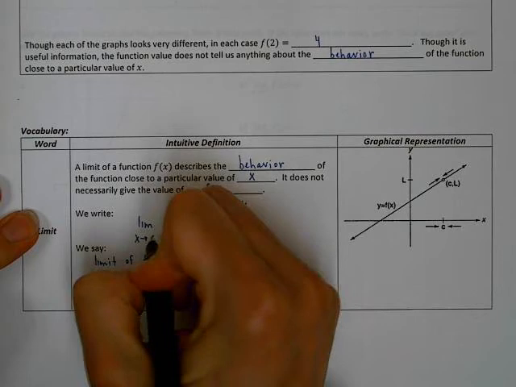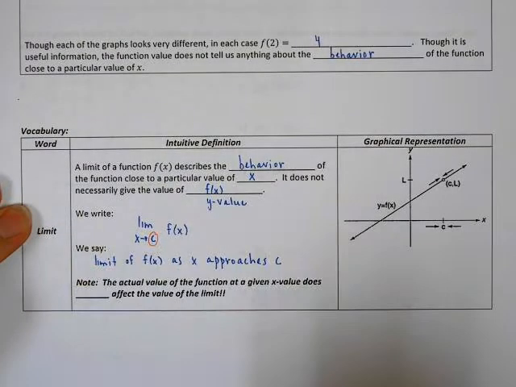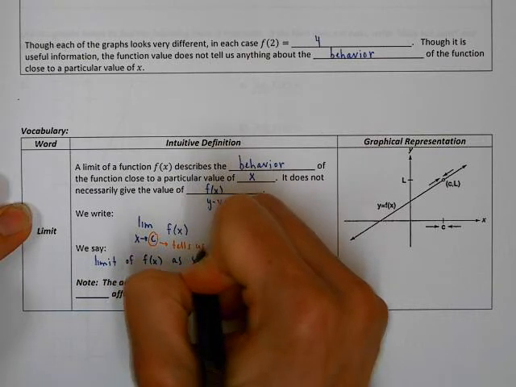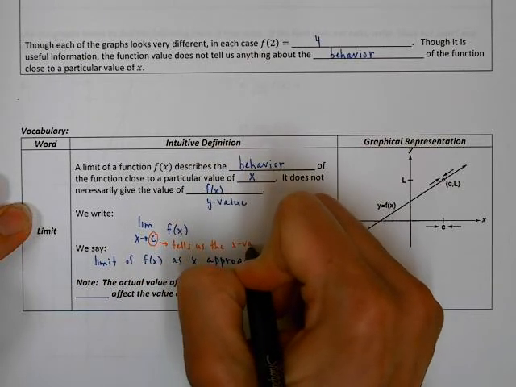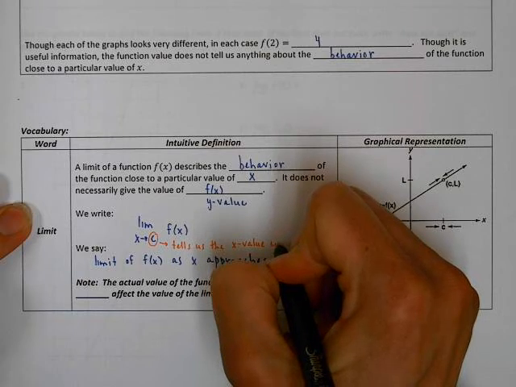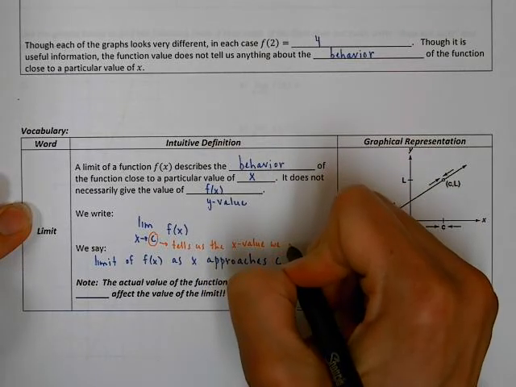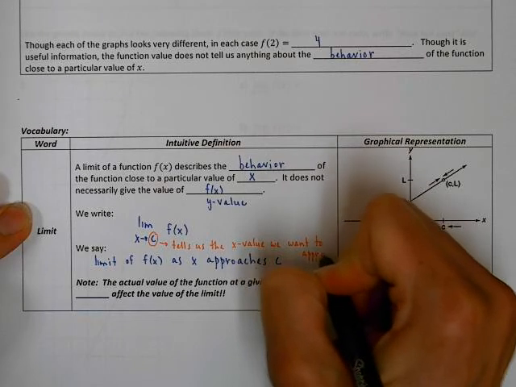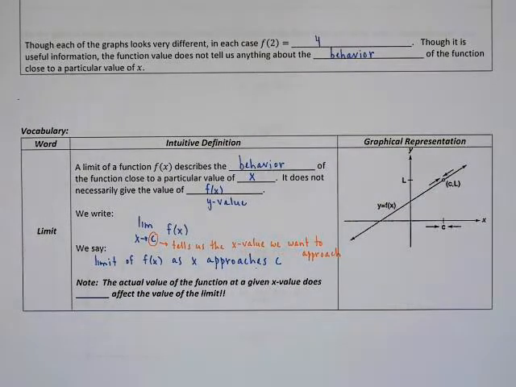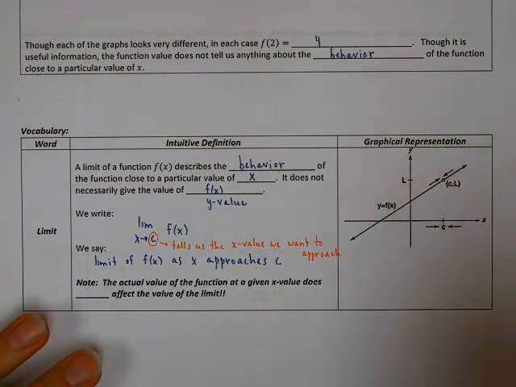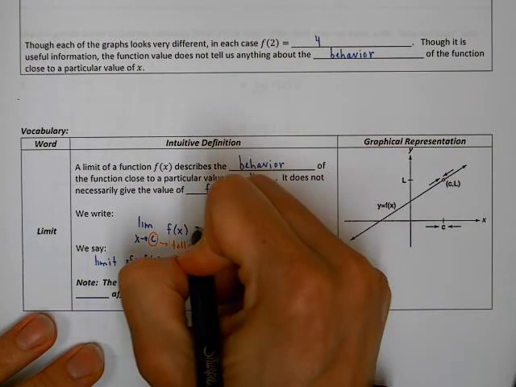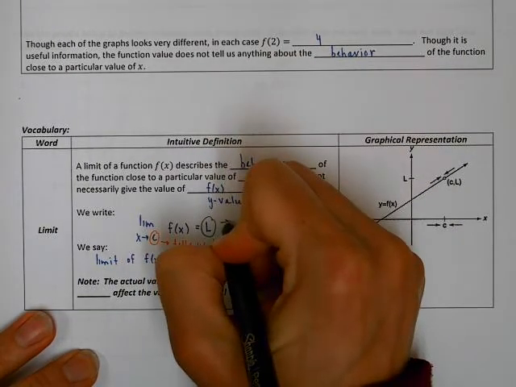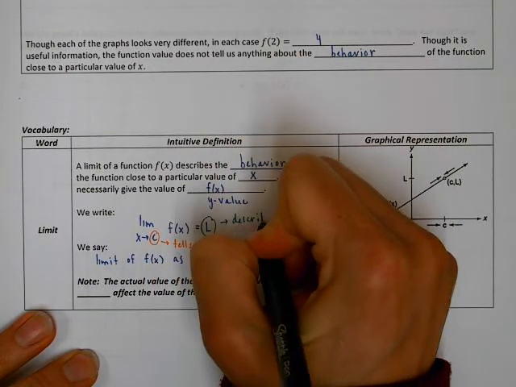This x approaches c, this c value tells us the x value that we're getting close to, or that we want to approach. That's where we're looking. So we're telling the x value we want to approach, and then I'm going to add something. We're going to say this limit equals L. This describes the y value we are approaching.